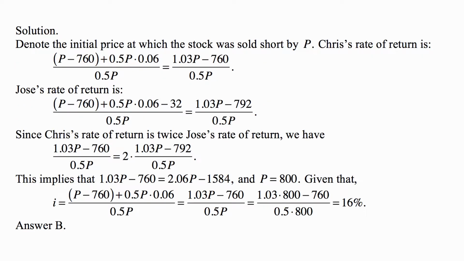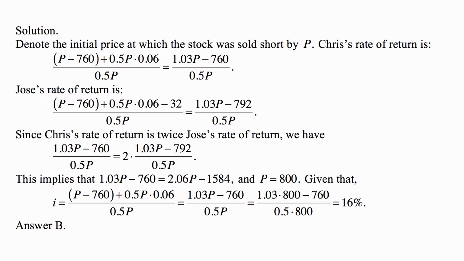Let us denote the initial price at which the stock was sold short by P. Then Chris's rate of return is, the numerator is how much money he made, which is P minus 760, because he sold at the price P and he bought it back at the price of 760.